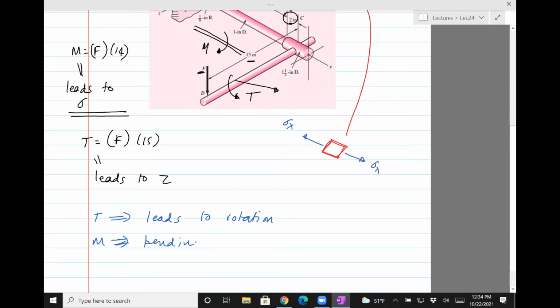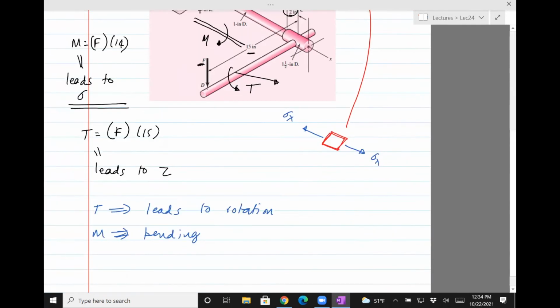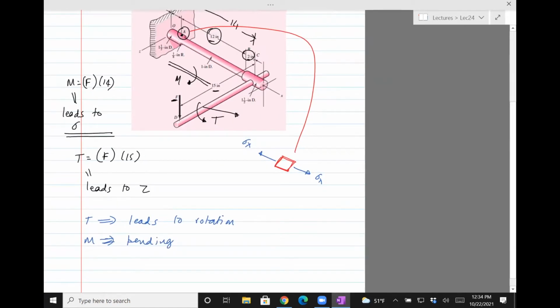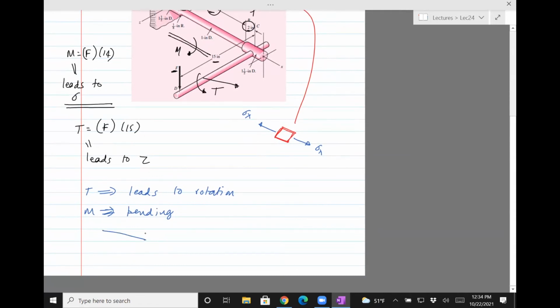So the shaft, this piece from A to C, will bend due to M, but A to B will also be torqued due to this force. So bending is in this plane, in the plane of A. Well, the axis is normal to AB, and here the axes are along AB.